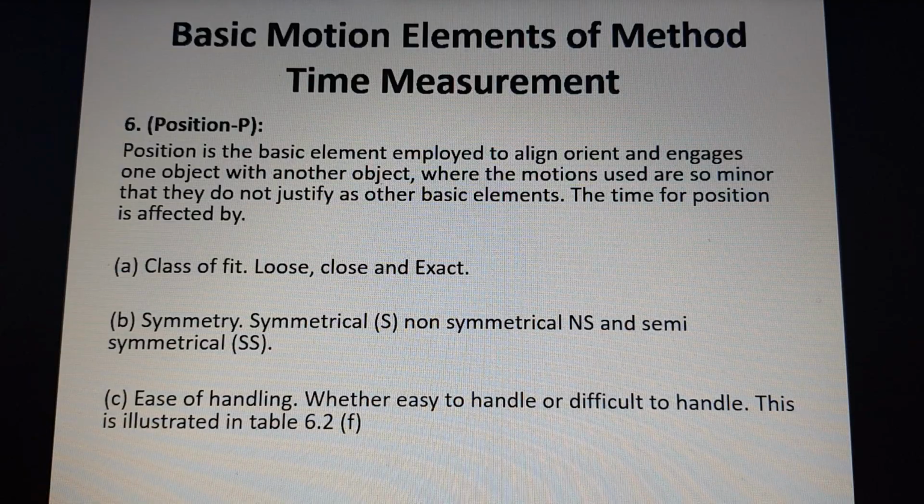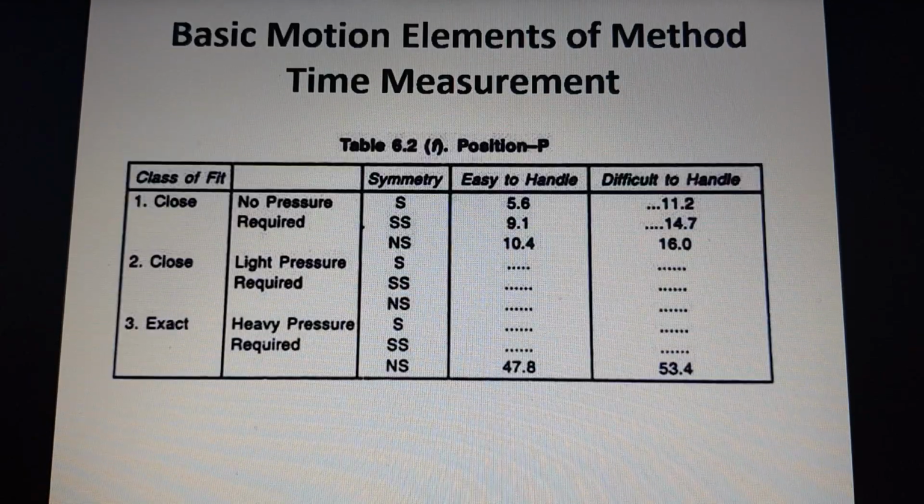It's illustrated on the table that we're going to see here. So here we have the class of fit, if it's close or exact, if it requires pressure, if it's light pressure, or if it's heavy pressure. Obviously, heavy pressure is when we have a part that's difficult to handle.